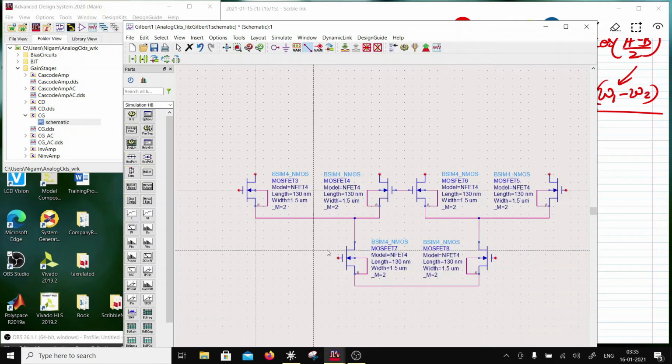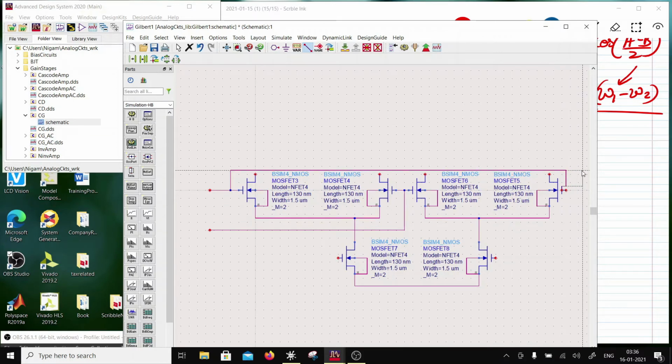Okay, and then I have this as Vy and this as Vx. So this is going to be your Vy, and this is connected to this one.